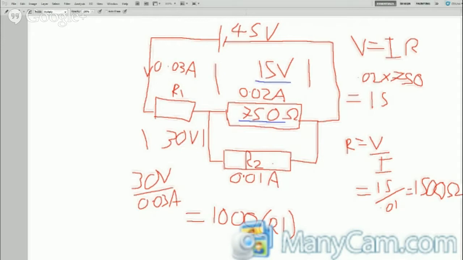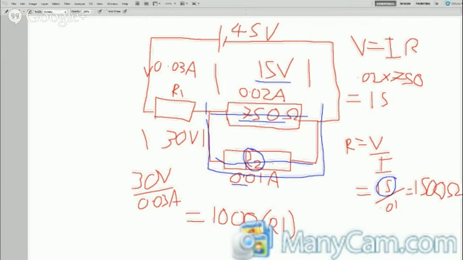You've worked that out in the first two parts of the question. We know that where we've got this pair of resistors in parallel, each branch, so this branch as well as this branch, must have the same voltage. So R2 has a voltage of 15 volts across it.